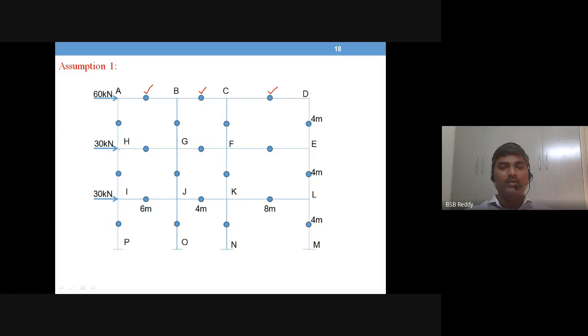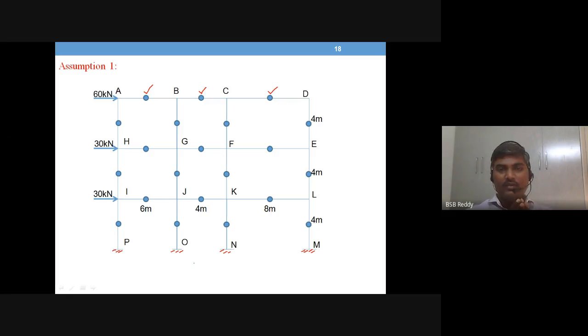Likewise, you have all the imaginary hinges shown here, and the bottom of the story is fixed. The typical support condition at the base of the frame is fixity. So this is the first assumption.